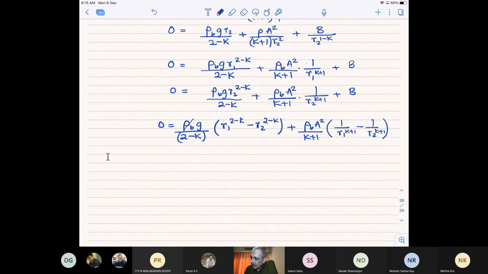So like this, we can see that rho b now will cancel out, and you'll get something that is quite complicated.